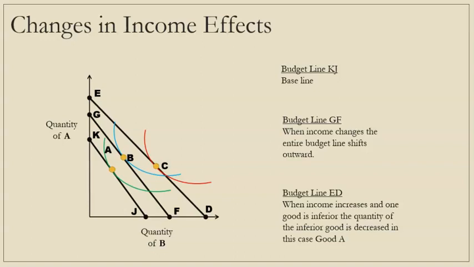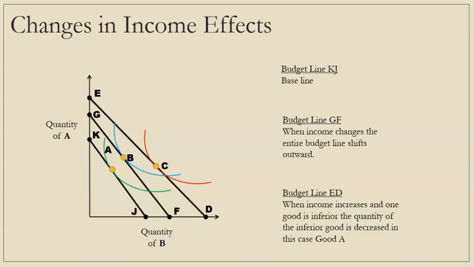So again, we have a baseline here at K and J, which is the closest one to 0 there with a point A. So if our whole income changed, giving us a new line from G to F, that looks like the whole line shifted outwards. So we are buying more quantities of good A as well as more quantities of B.